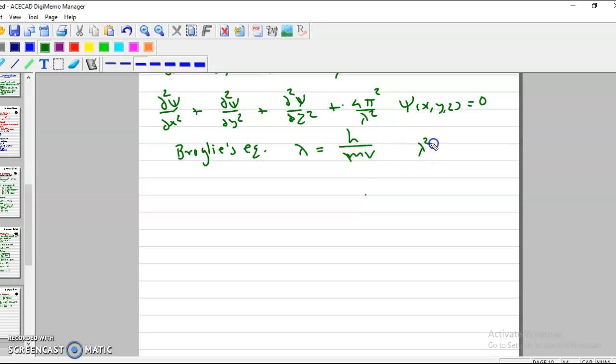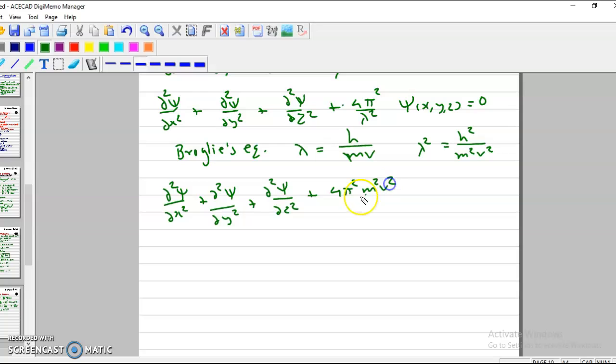So lambda squared will be h squared upon m squared v squared. Substitute this: del squared psi upon del x squared plus del squared psi upon del y squared plus del squared psi upon del z squared plus 4 pi squared m squared v squared upon h squared psi(x, y, z) is equal to 0.